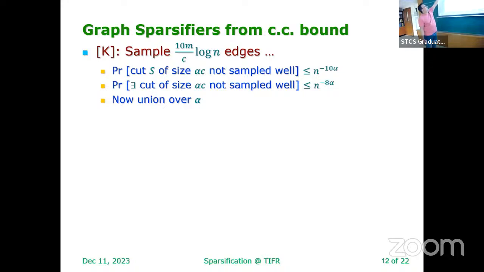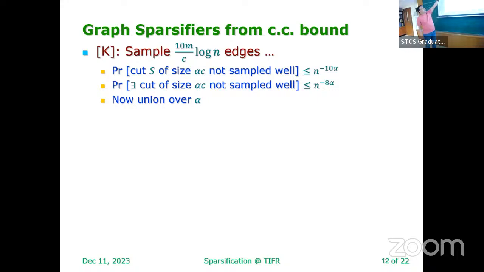If this quantity m over c is roughly n, then this is a very good algorithm. If it is much worse, it's not going to be such a sparse cut.